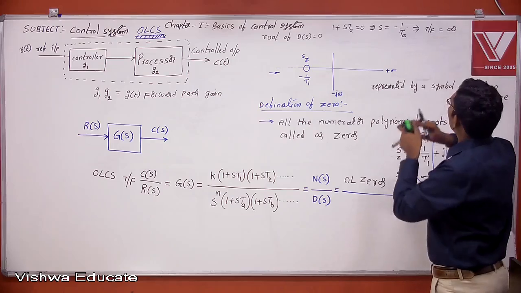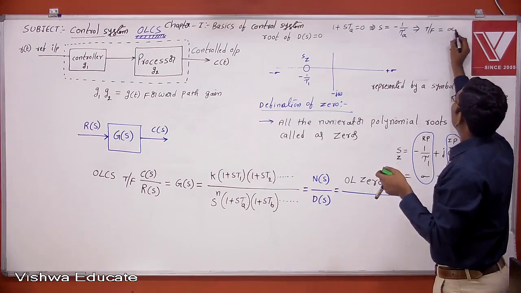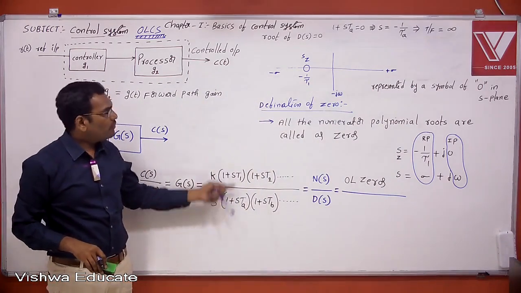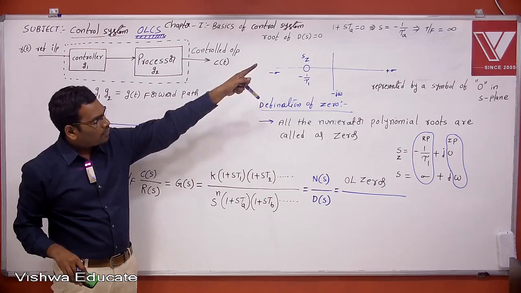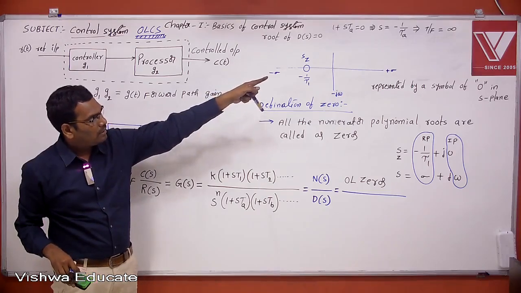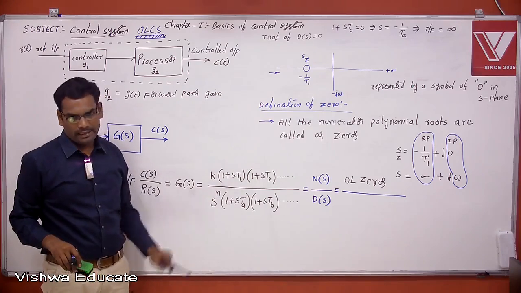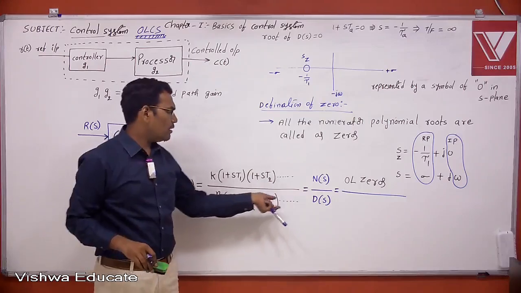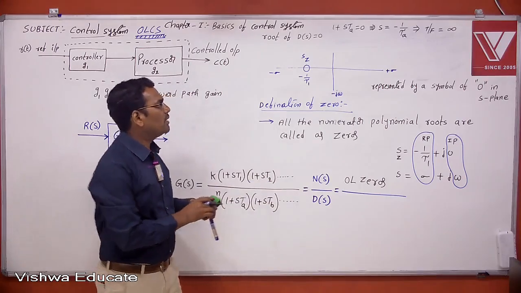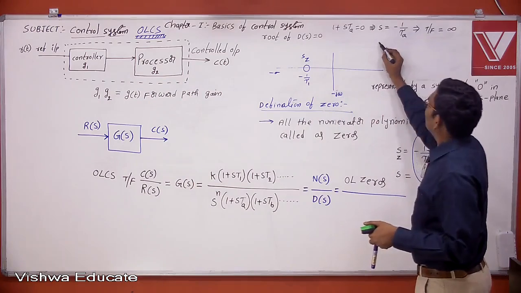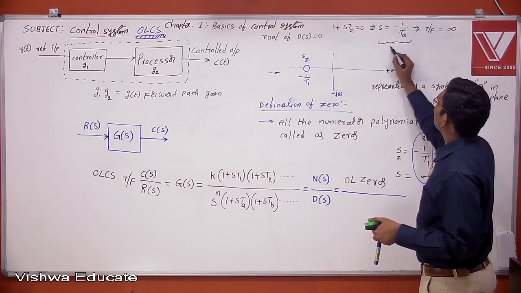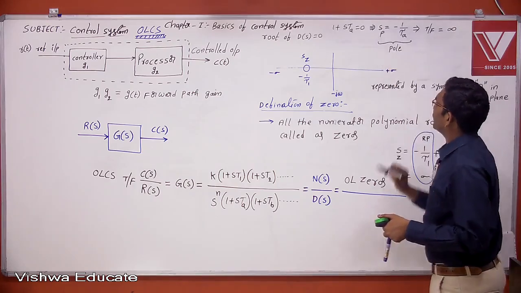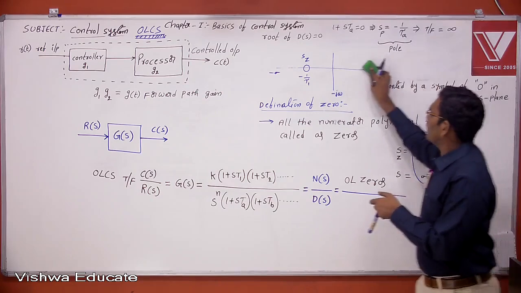This is a root of the denominator polynomial, which is a function of time constant, the negative of the reciprocal of the system time constant, and makes the transfer function infinity. If I take this particular root, the transfer function is infinity, and this particular root is defined as a pole. This is the definition of pole, SP.